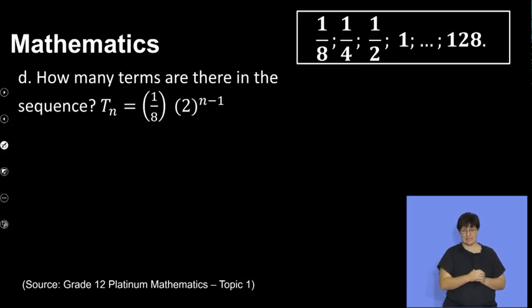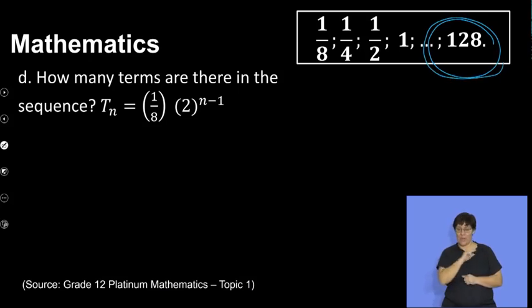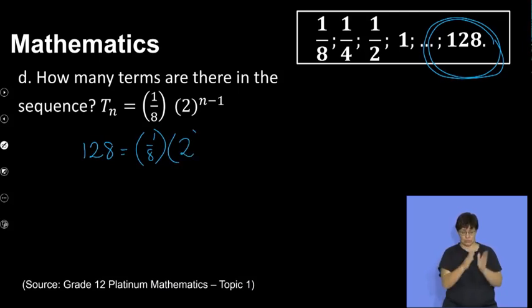D, I've been asked how many terms are in the sequence. That means that I'm looking for the n that matches the Tn of 128 because I know that is the last term of the sequence. So I'm going to have 128 is equal to an 8th times 2 to the power of n minus 1.